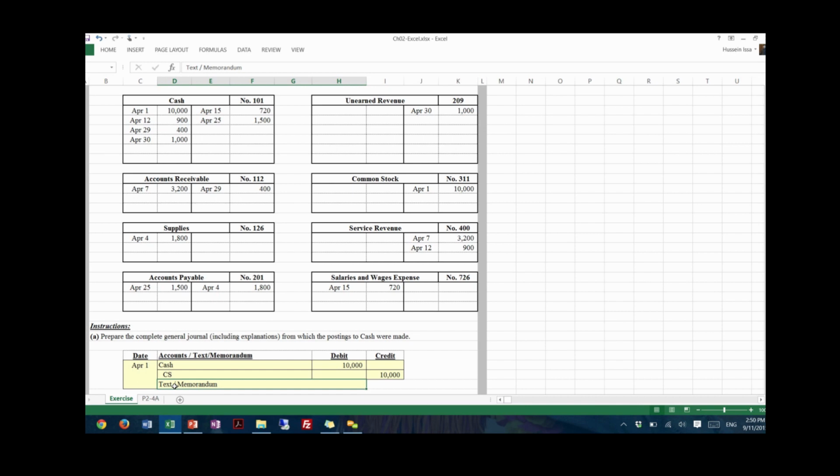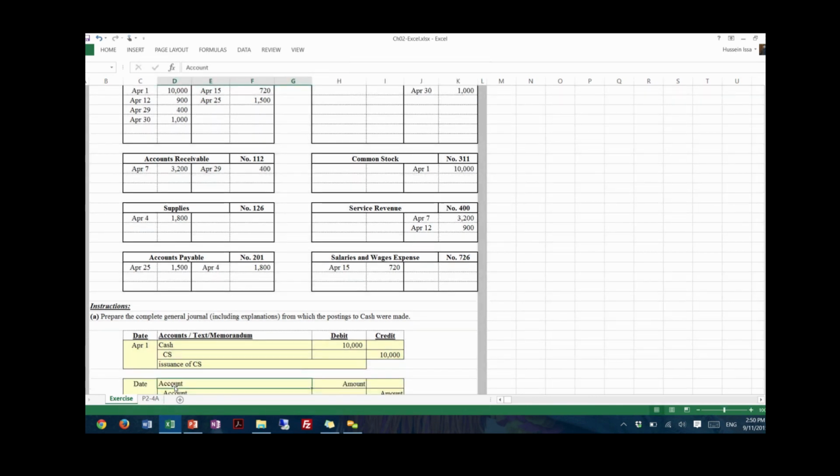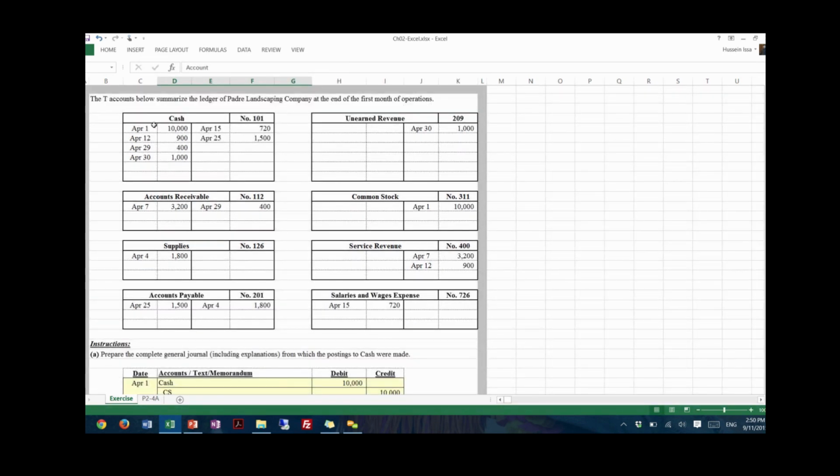Issuance of stock. This is issuance of stock, right? Someone said an investment. So the same thing. So this is issuance of stock. Next, which one is next? You guys have to say it.